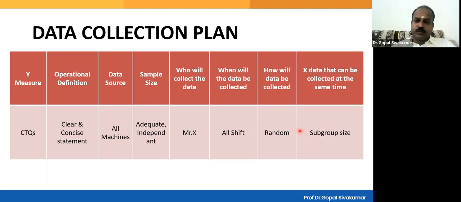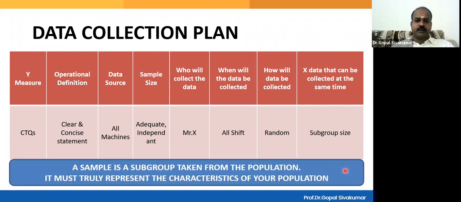So this is how you must plan the data collection. And now you can see a beautiful format developed here, which is called the check sheet, right? And additional columns based on the requirement you can introduce. Please note, when you are collecting the sample, it is actually a subgroup taken from the population. We are really interested in understanding the characteristics of the population.